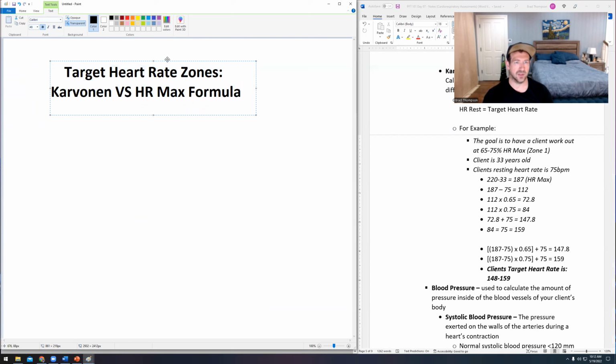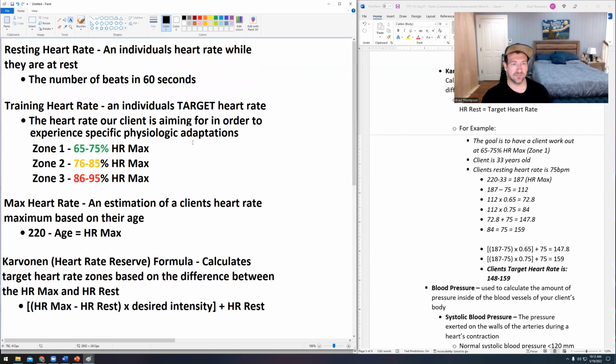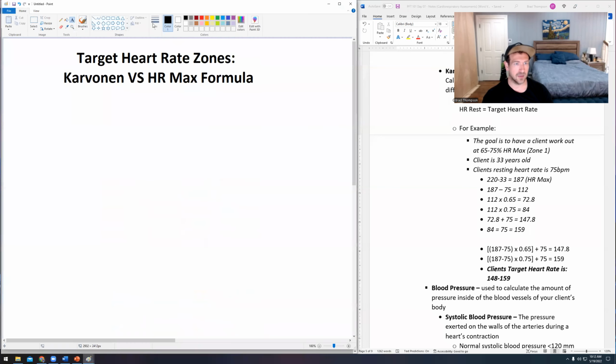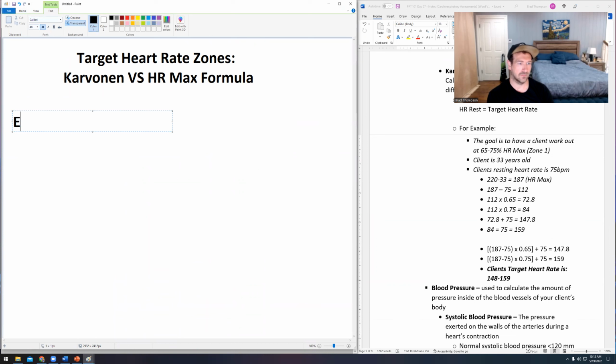Center that and it'll look like a real chart. So let's say my client's 33 with a heart rate rest of 75. So we'll put that up here. Bob Smith, right?